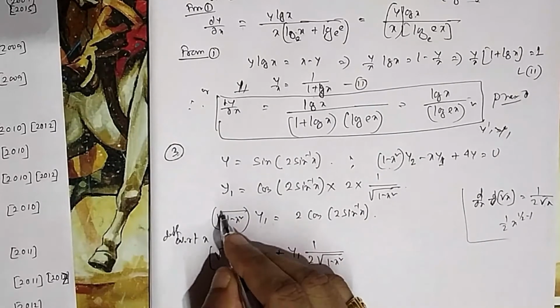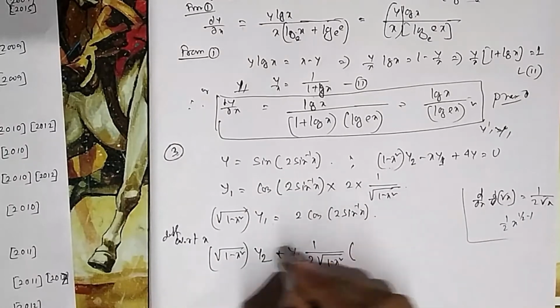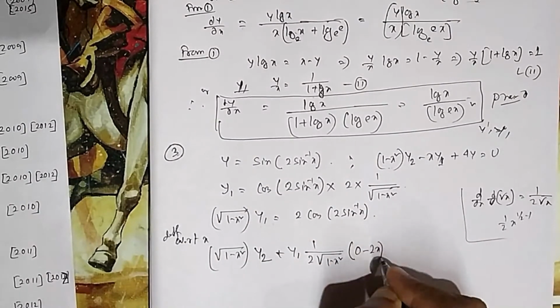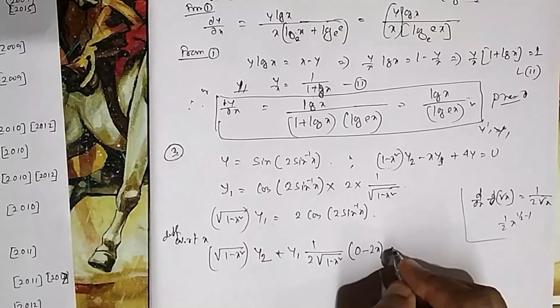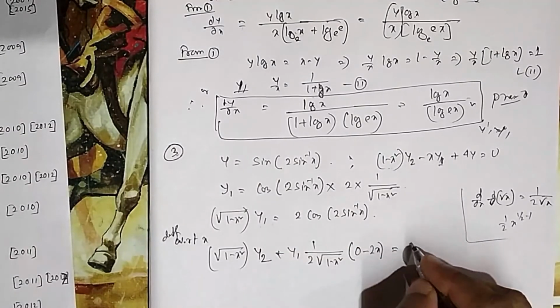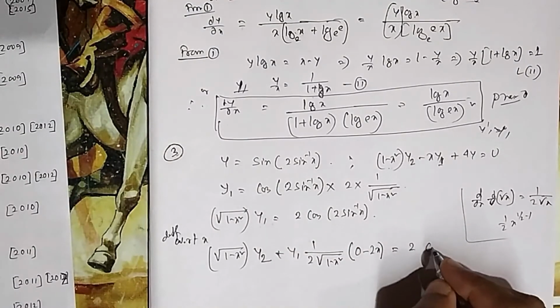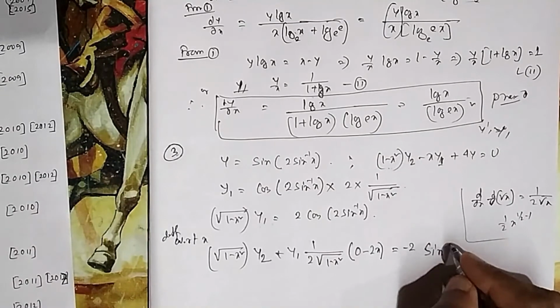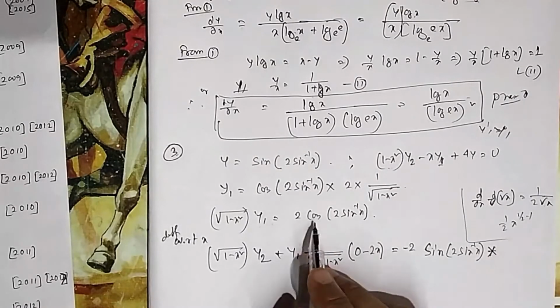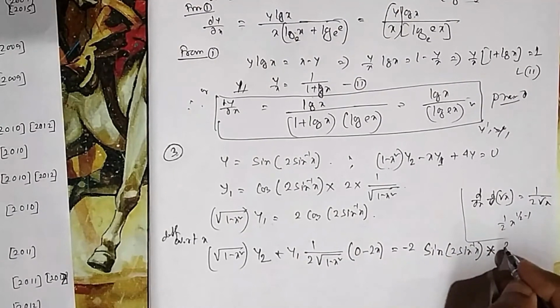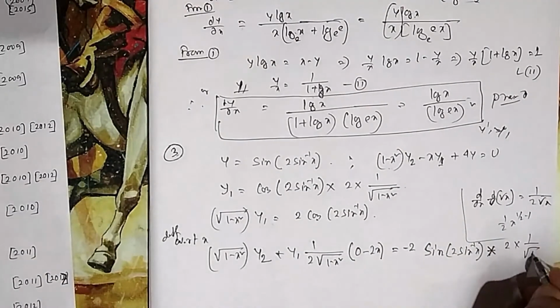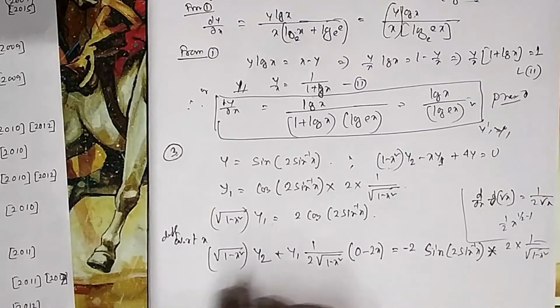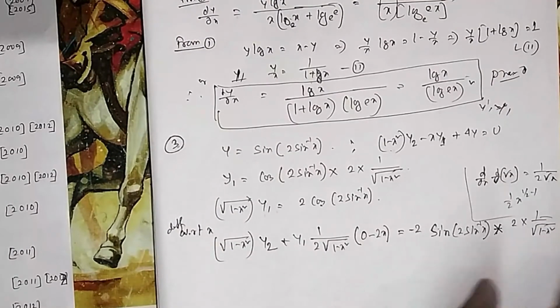This is the differentiation of root, outer one. Then inside one you have to do: 1 is 0, x square gives minus 2x. And this is differentiation of this one, 2 constant. Cos differentiation is minus sine, so I can write minus sine into, again product rule. First you have done this one, then you have to go to this one: 2 sine inverse is 1 by under root 1 minus x square. Now you can multiply it by root 1 minus x square both sides.